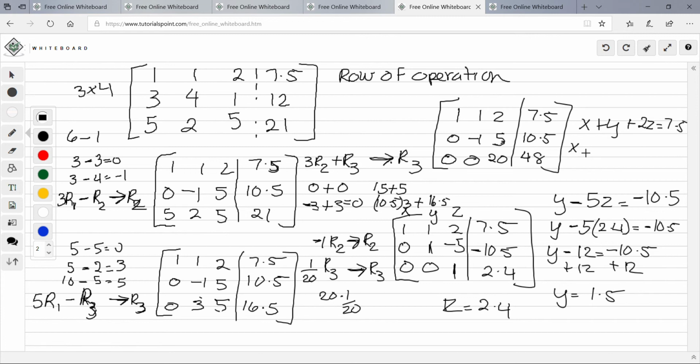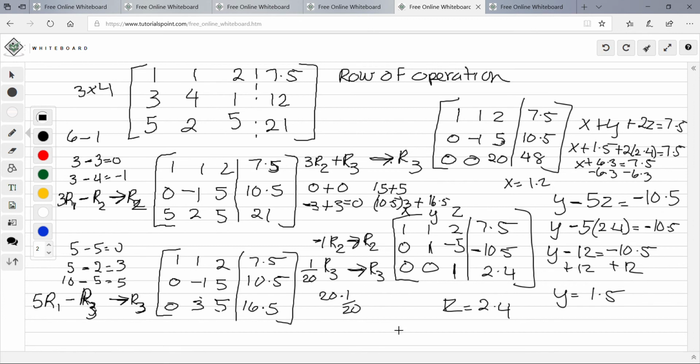So we know our y is 1.5, plus 2z, we know our z is 2.4, equals 7.5. So if you did the work, this is going to be x plus 6.3 equals 7.5. So subtract that 6.3 because we want to solve for x. So our x value is 1.2.